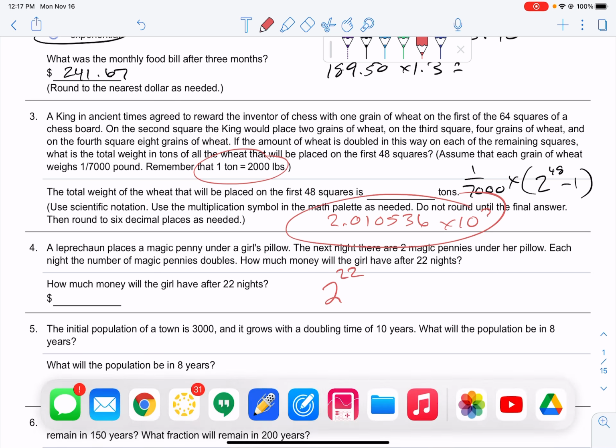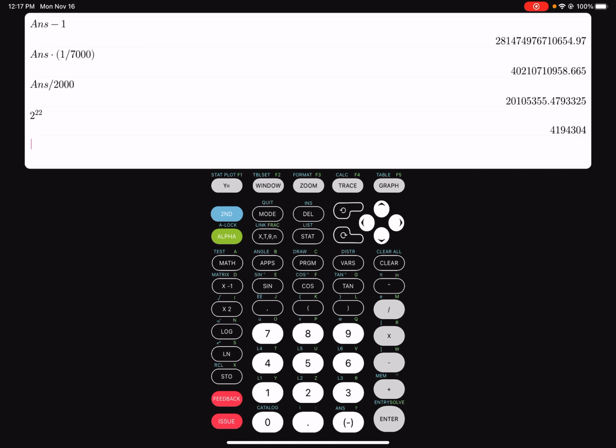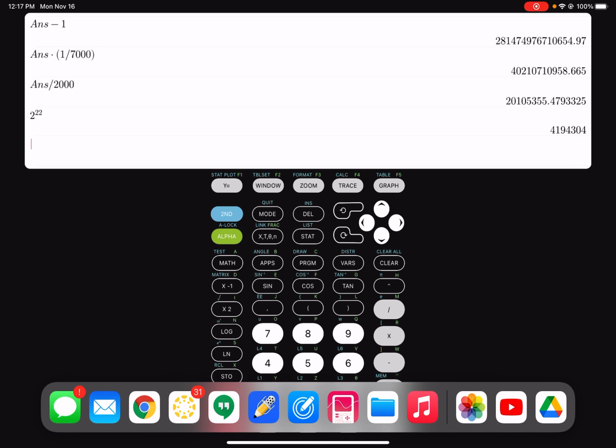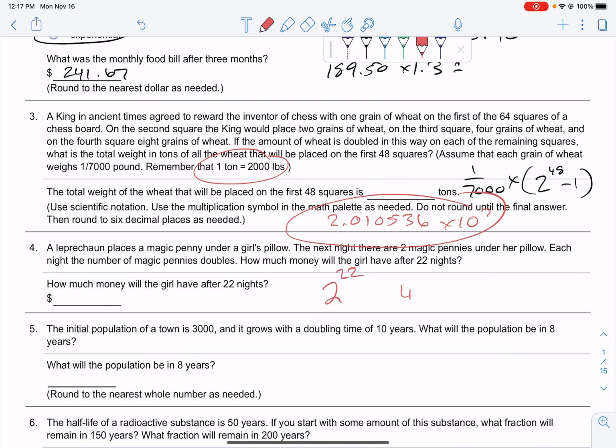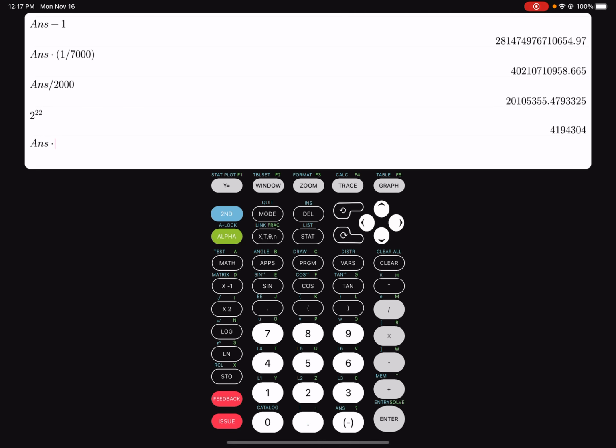So 2 to the 22nd power, if I do that mathematically, is 4,194,304. That's how many pennies I have, but it wants to know how much money the girl has. So I'm going to times that by the value of a penny, 0.01.